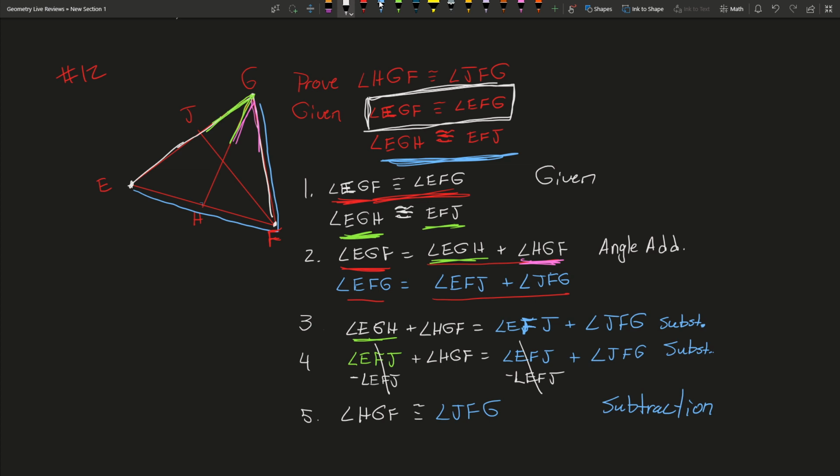EGF is the sum of these two angles, and then EFG is the sum of these two angles. We're just setting those two things equal to each other, like this says that we can. And then step 4 is substituting, and then we have something that we can work with.